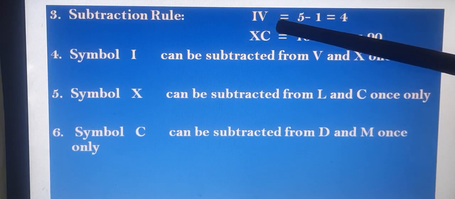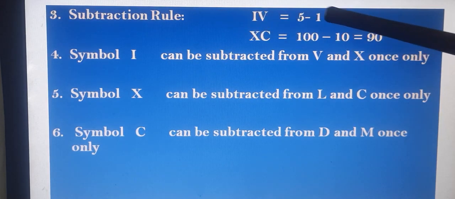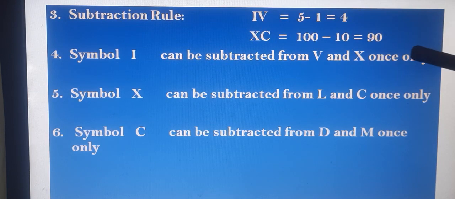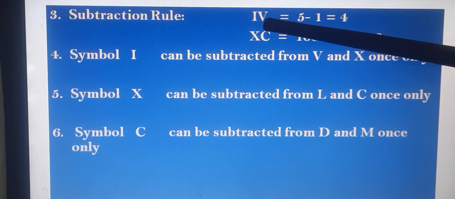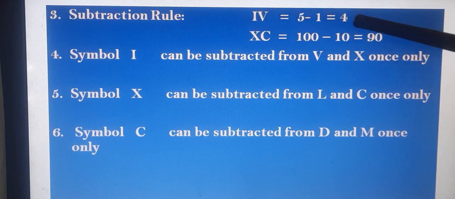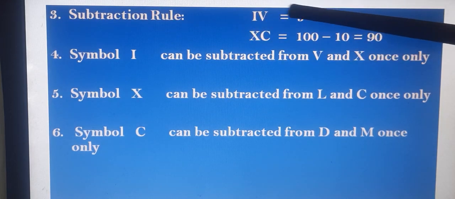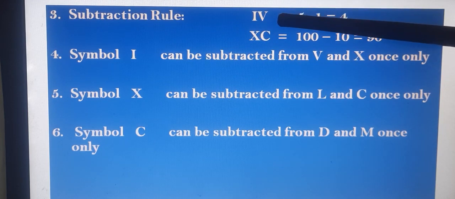Smaller number is written on the left of the larger number, then the smaller number is subtracted from the larger number. So look here, V gives the value 5 and I, value is 1. So 5 minus 1, 4. So value of IV is 4. You say na, generally in class 4th, you write 4 in Roman numeral as IV.